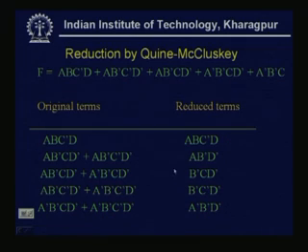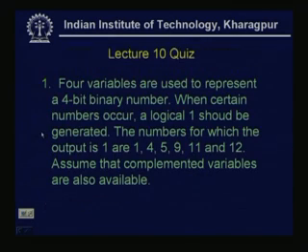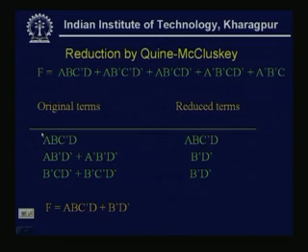Now again we continue this process with the reduced terms. The original term which was not reduced stays as it is, so A B C dash D. From the previous table we get A B dash D dash and A dash B dash D dash.